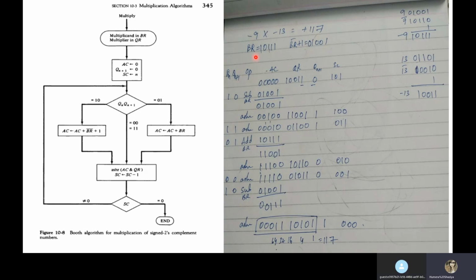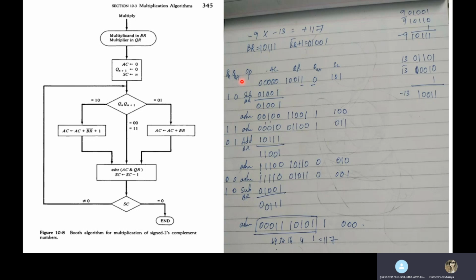So first you write down the BR value. BR is this minus 9. The 2's complement of BR is plus 9, which is 01001. This is BR complement plus 1.